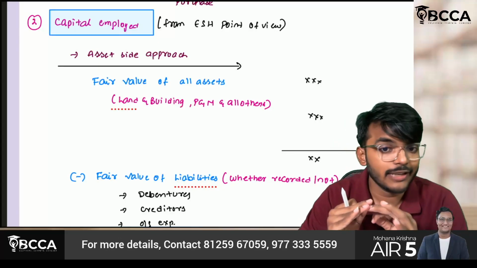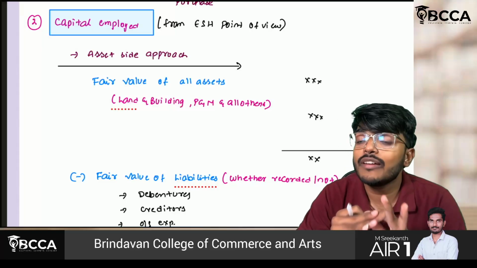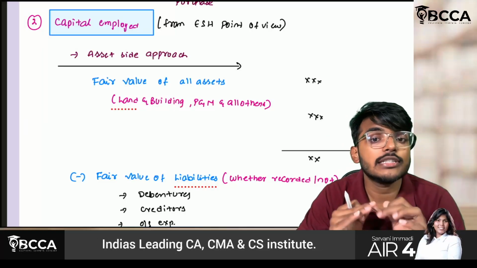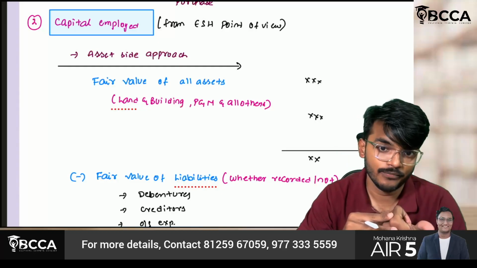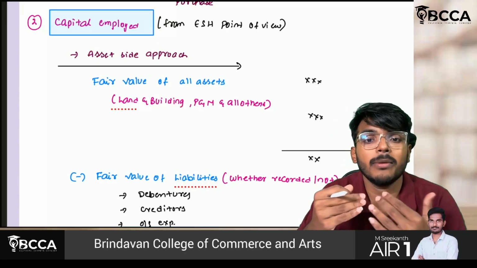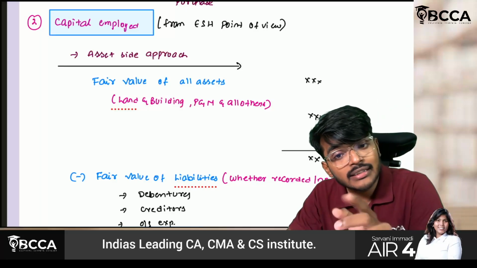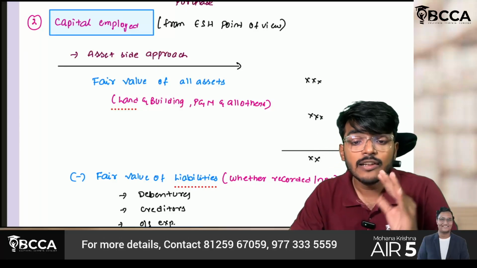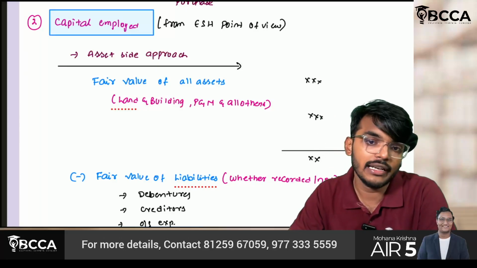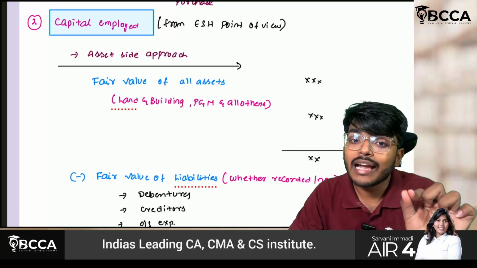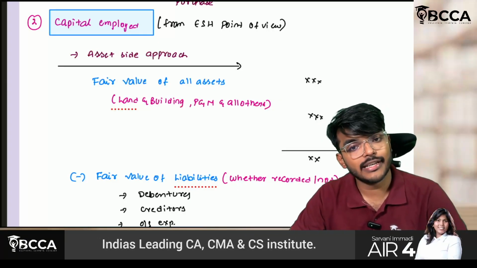Few adjustments are there. If you remember, if goodwill is given in the balance sheet, you have to ignore that goodwill, assuming it is self-generated. Sir, why do we have to ignore it? We are recalculating the goodwill as on the date for which you want to calculate the valuation of the share.